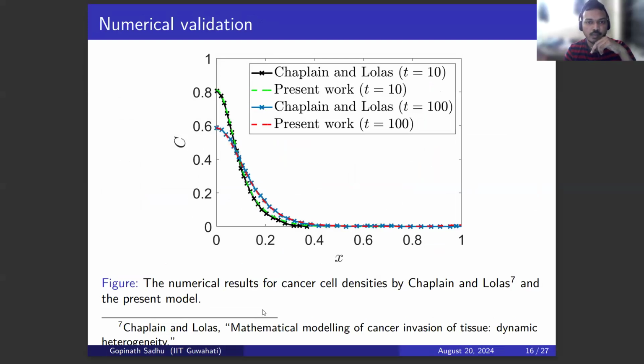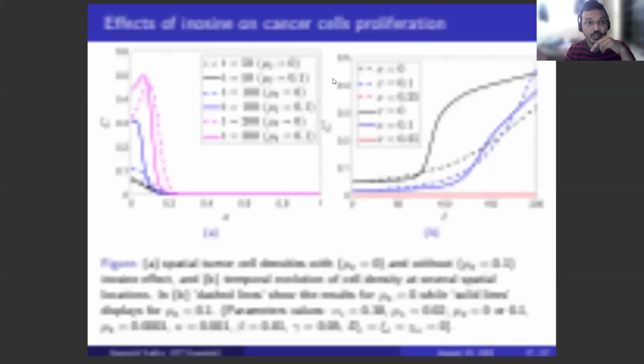And also we have validated our mathematical model with Chaplin and Lawless. This picture shows a great numerical validation of our model against existing work.